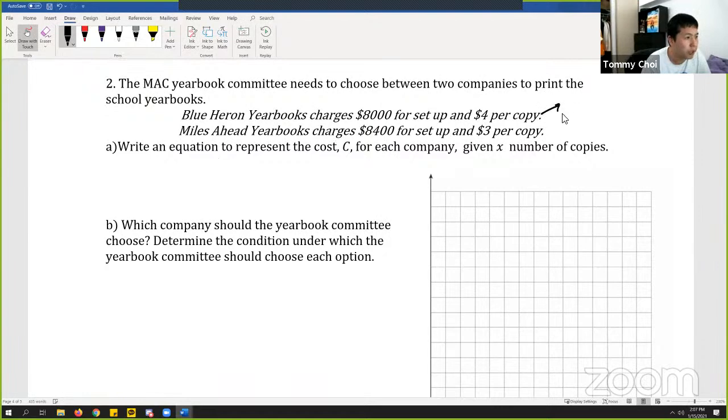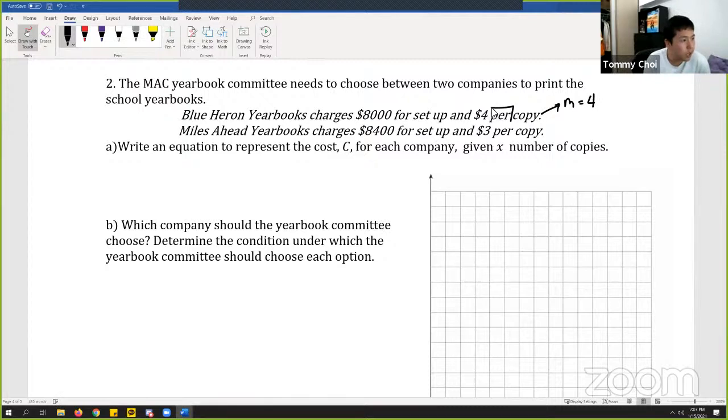So we know that things should be written in y equals mx plus b. For Blue Heron Yearbooks, which is our first one, can someone tell me the slope and the y-intercept if it's given to us? What's the slope here? Four is correct, yes, 4.